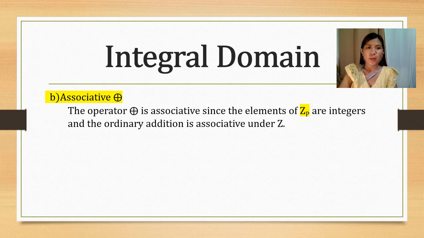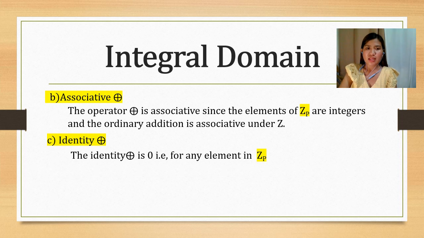Associative. The operator addition modulo n is associative since the elements of Z sub p are integers, and ordinary addition is associative under Z. Identity. The identity for addition modulo n is 0. In other words, for any element in Z sub p, we have a circle plus 0 equals 0 circle plus a equals a.